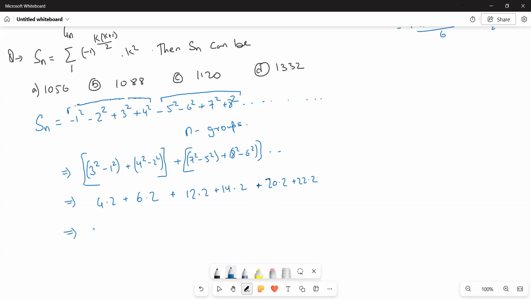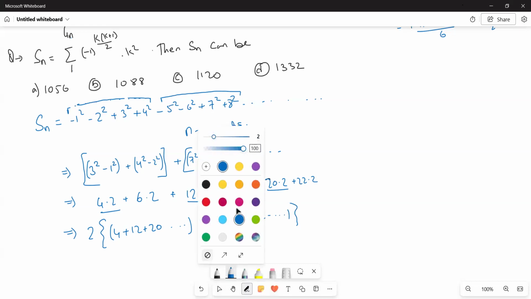So what happens is, we take 2 common from all of them, ठीक है, and split it out into 2 APs, 2 different APs. पहला AP would be 4, 12, 20, that consists of the first terms, and the second AP would consist of the second terms, 6, 14, 22.